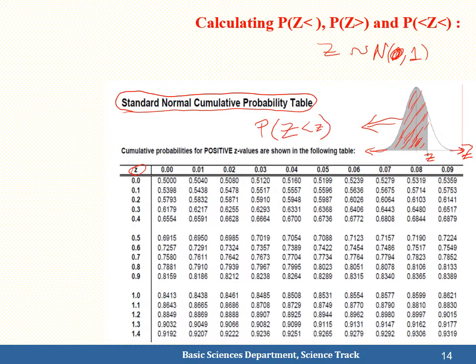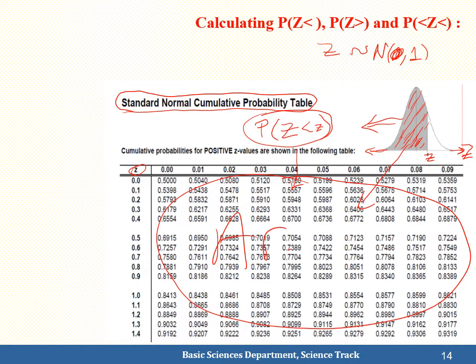The probability that big Z is less than little z is calculated in here. So these are all the areas, all corresponding to the area under the curve. Now we will learn how to use it in an example. Let's look at our first example.